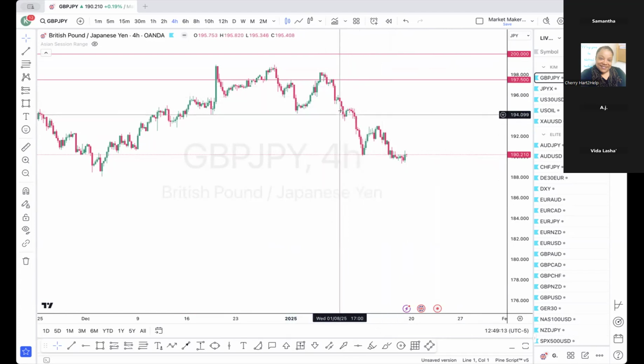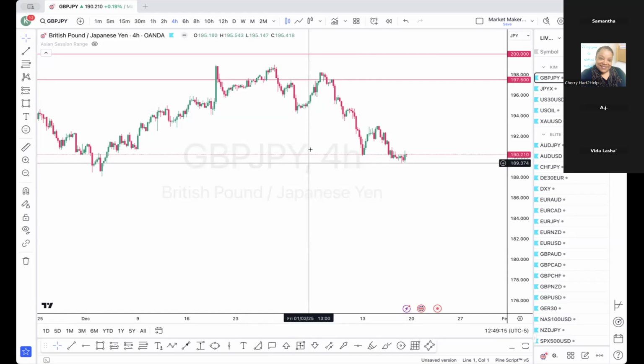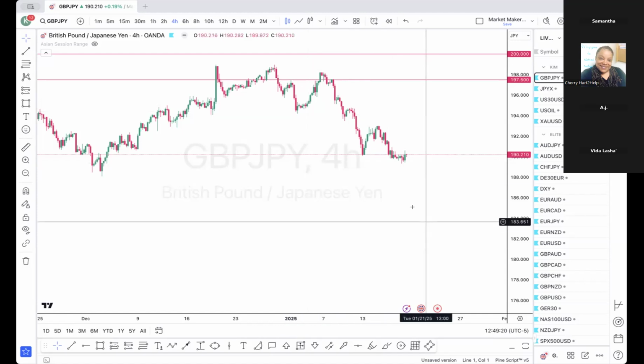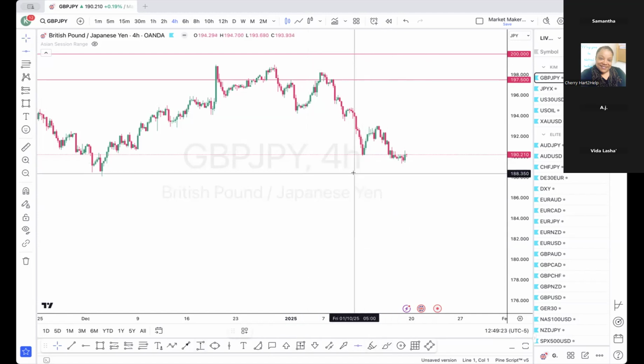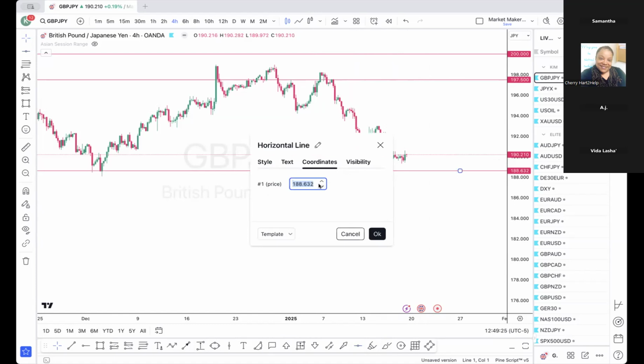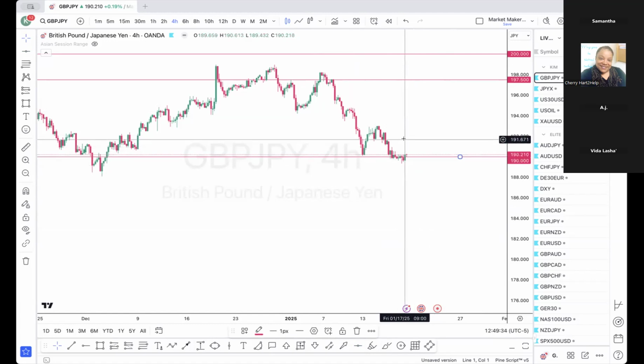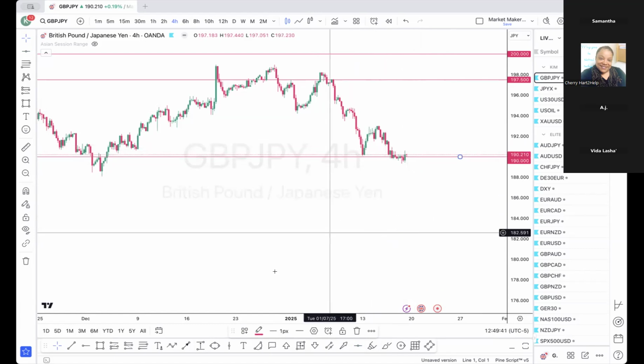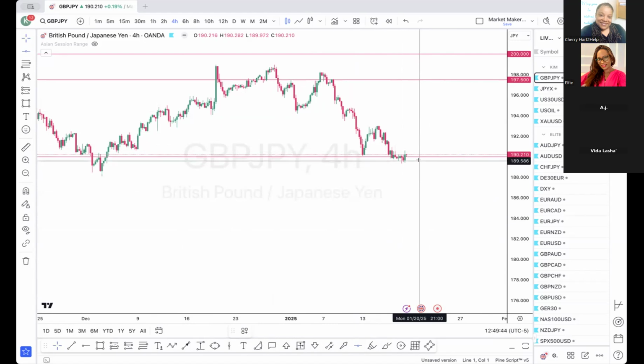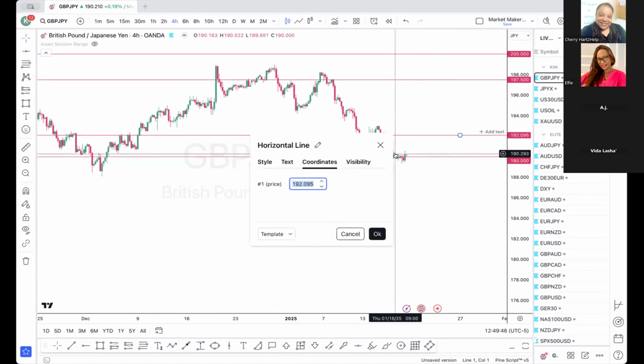Just to say it, since we're talking about it now, the price was at 190. That's like the major level. So I would expect a movement if I'm looking for that buy right around 189 or somewhere in that area. And that's why I would start looking for a bullish impulse. Right, it is right there. So now I would take it to at least 192.5 or somewhere in that area. To be safe, maybe 192 to fill that imbalance that's right up there. 192.5.